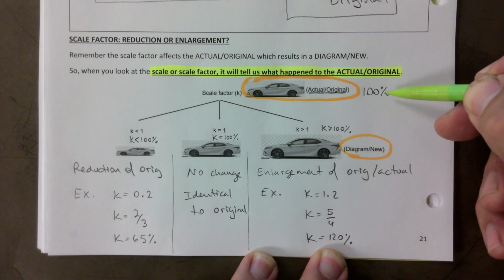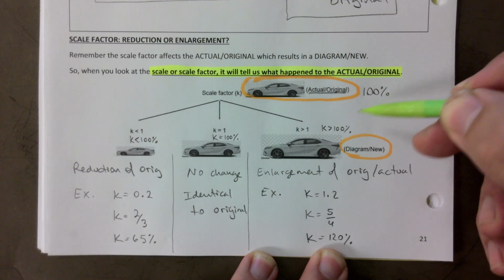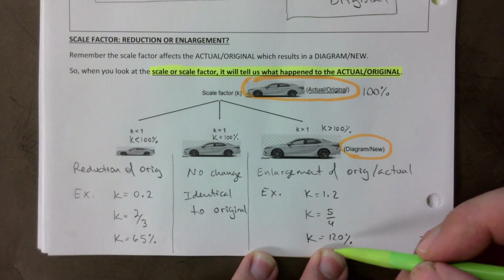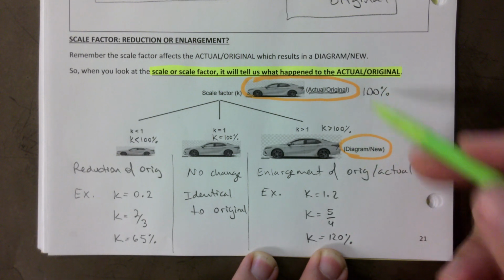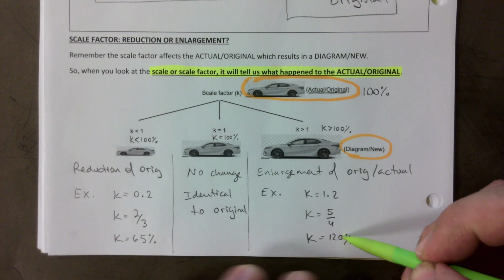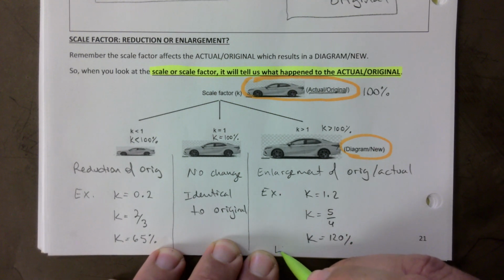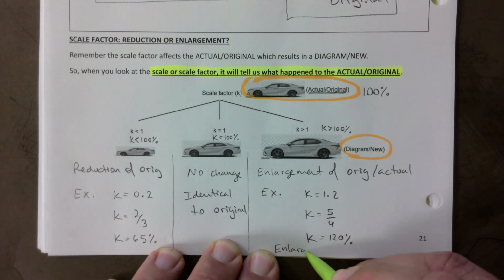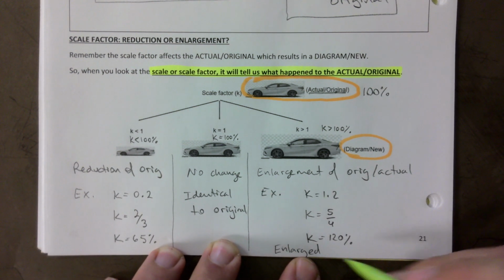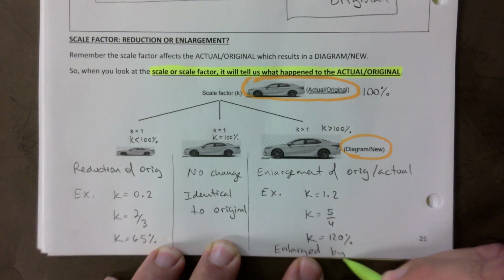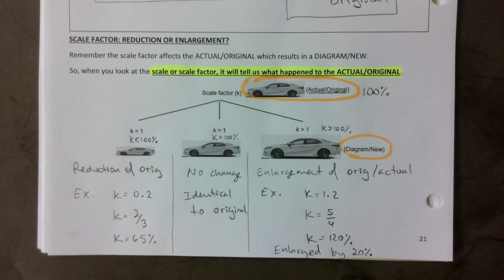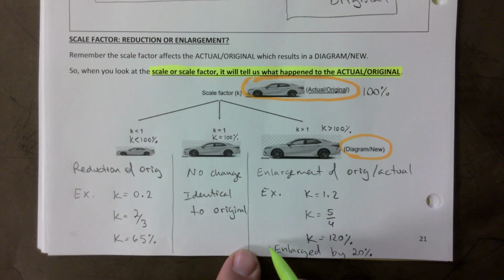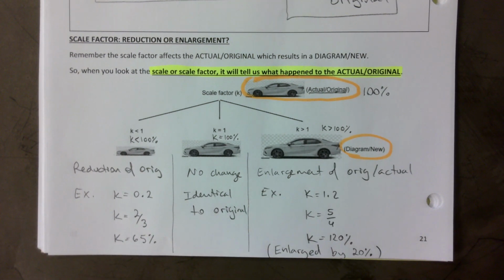So if you say, hey, you made a new version and you figure out that the scale factor is 120, by how much has it been enlarged, percentage-wise? You went from 100 to 120, so enlarged by 20%. Sorry, this is going to be tight, I know that, but it says enlarged by 20% or 20% enlargement. You write whatever makes sense for you. I'll put that in brackets like that.